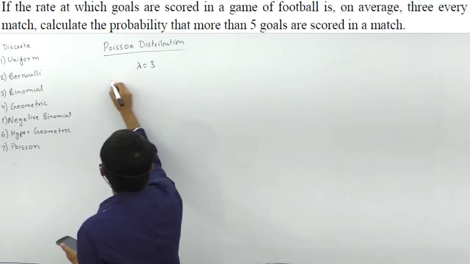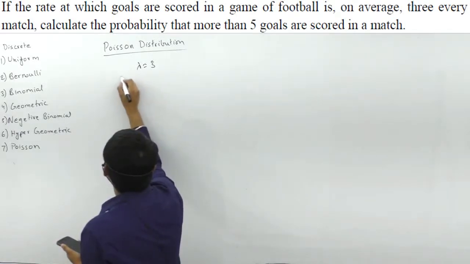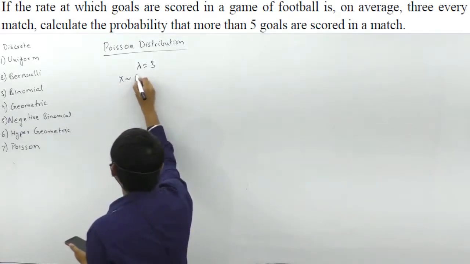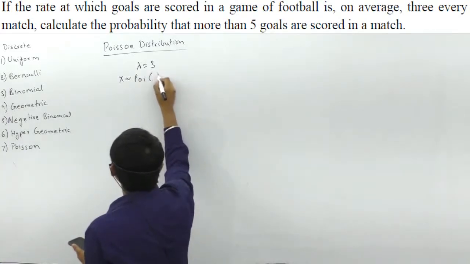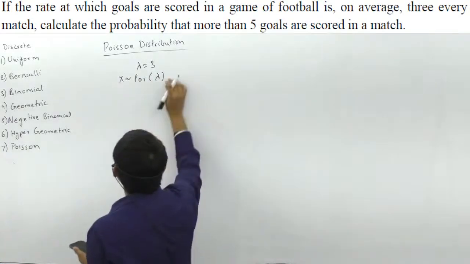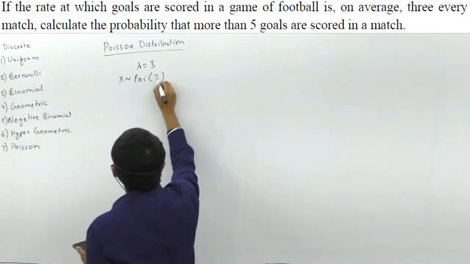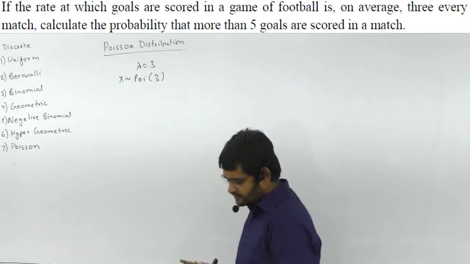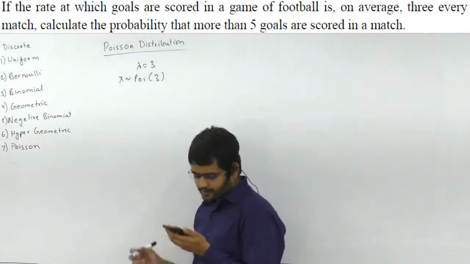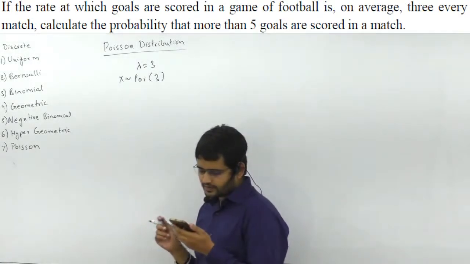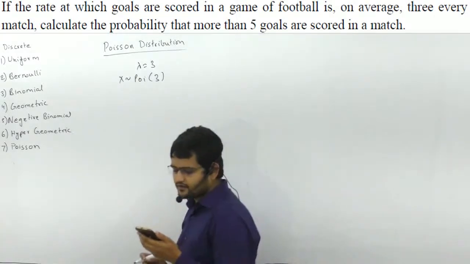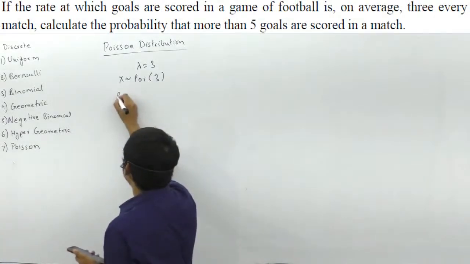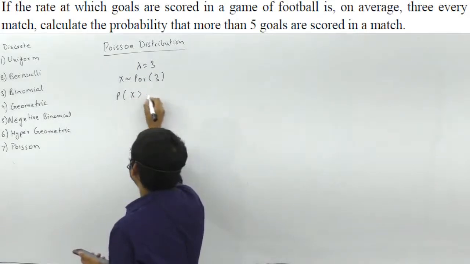So we can say x follows Poisson distribution with lambda 3, and we have to find the probability that more than 5 goals are scored in a match. So probability x is greater than 5.